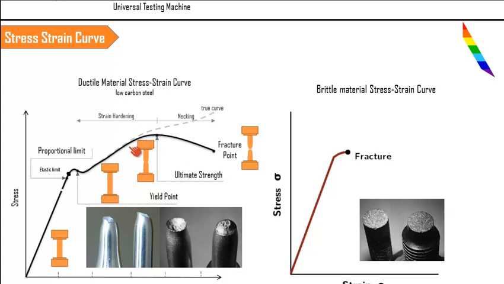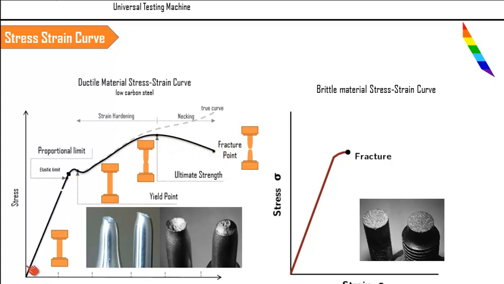We all know that at this particular point it is going to start necking, and thereby the cross section area is going to change. But that instantaneous change in cross section area we are not taking. We are taking the area as a constant value and plotting this graph, and that particular graph is called the engineering stress strain graph.